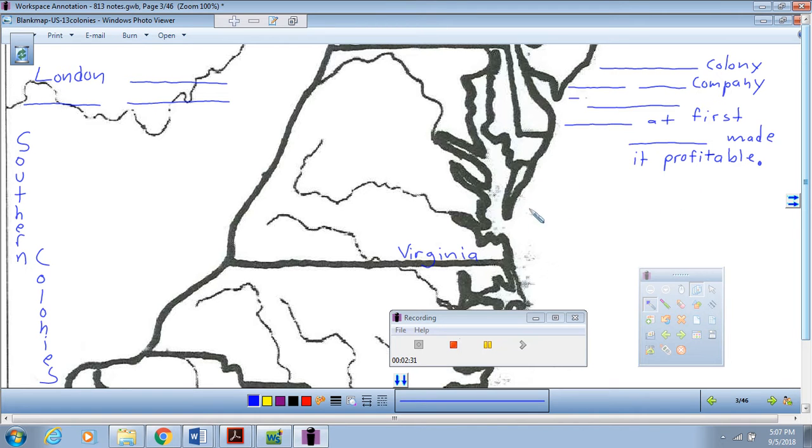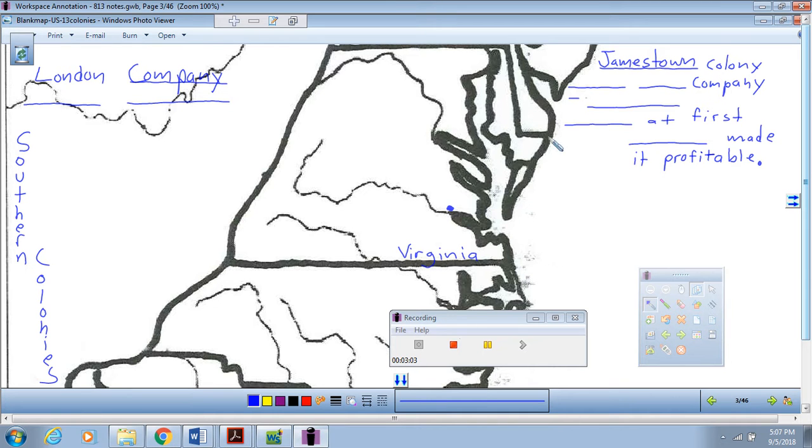Virginia started when the English settled right here at the mouth of this river and founded the city of Jamestown. Now, Jamestown was founded by a company, a group of investors that were called the London Company.